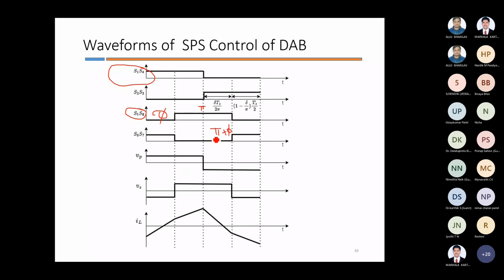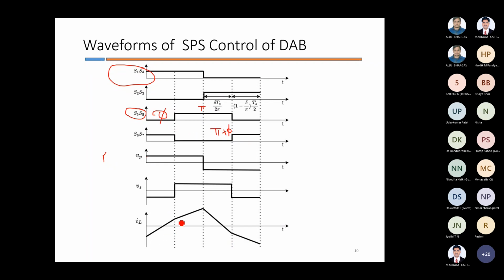And during this operation, VP is the primary side voltage of the transformer, and this is the secondary side voltage of the transformer, and this will be the leakage inductance current.